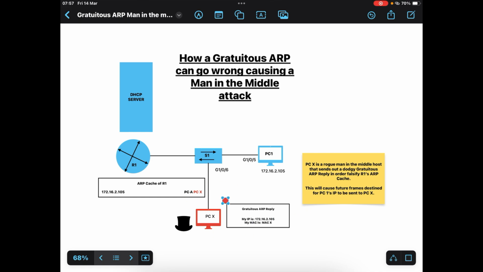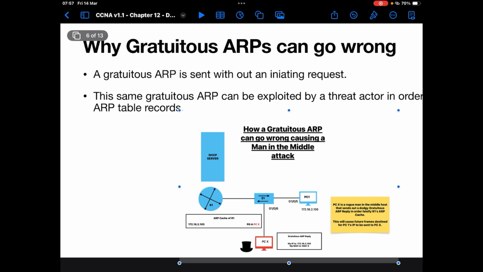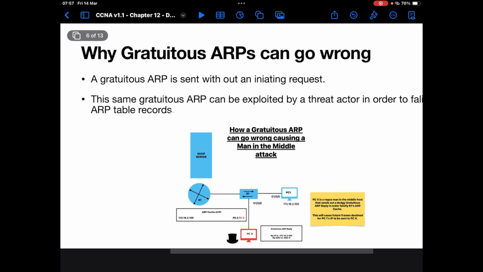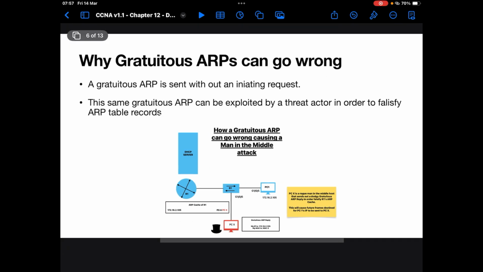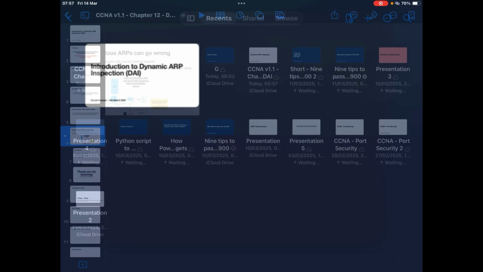This is how a man-in-the-middle attack can happen. The traffic that was intended for PC1 will go to PCX, and that is wrong. But PC1 will still receive them afterwards, and I'll explain that later in another video. But PCX will be seeing the traffic that was destined for PC1. It's a big problem, and this cannot be happening.